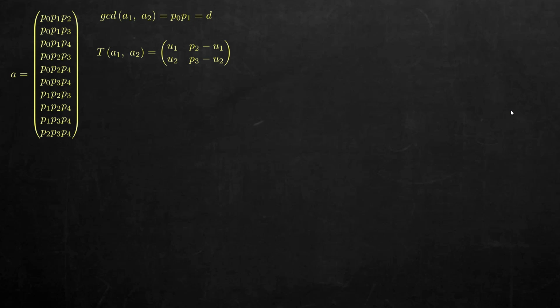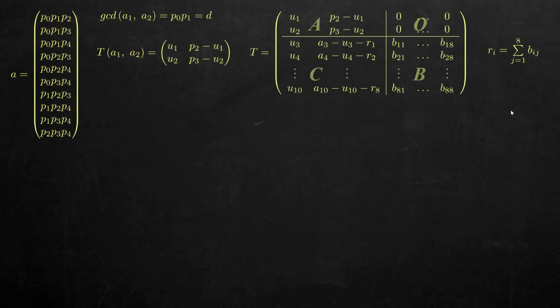So we start building the unimodular matrix T of A1 and A2, and then we use it to build the block matrix using another unimodular matrix B. As we saw, this matrix won't map the vector of 1s to the vector A.